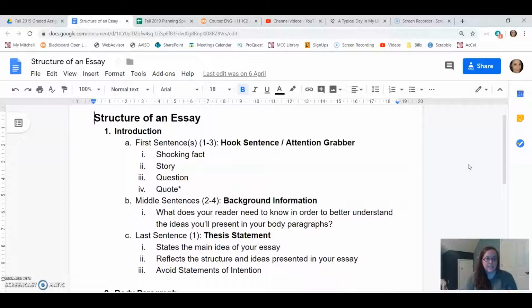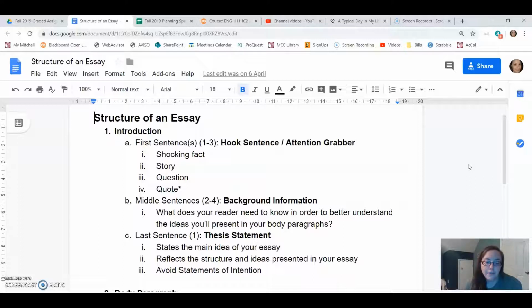So the last sentence of your introduction should be your thesis statement. That's where I will be looking for your thesis statement, all the way at the end of that paragraph. Basic information regarding a thesis is that it states the main idea of your essay, and in this case the main idea would be a typical day in your life. And like we talked about in the overview video for the Day in the Life of Me essay, you really want to make sure that you've selected specific focal points that you will address, and you should pick one focal point per body paragraph.